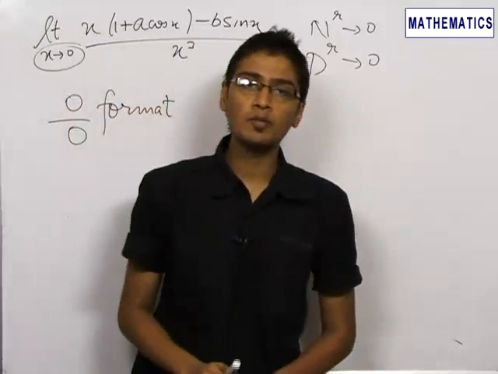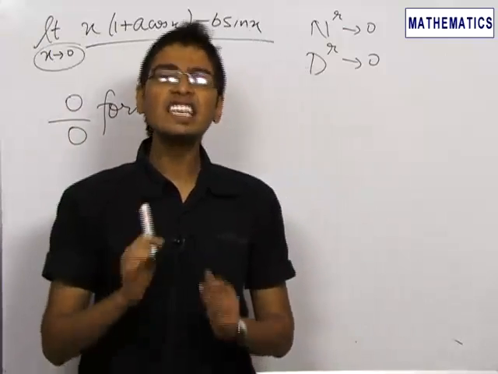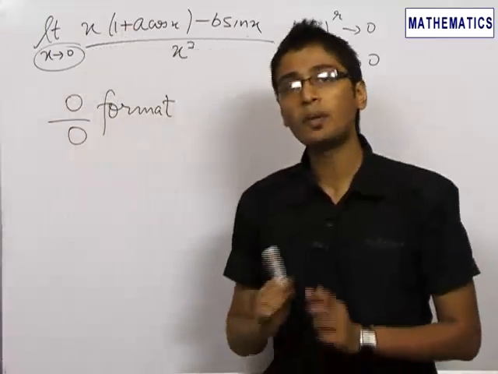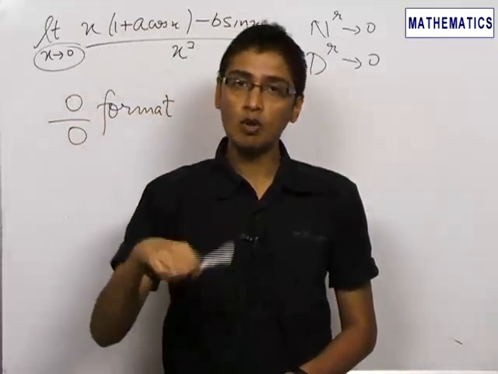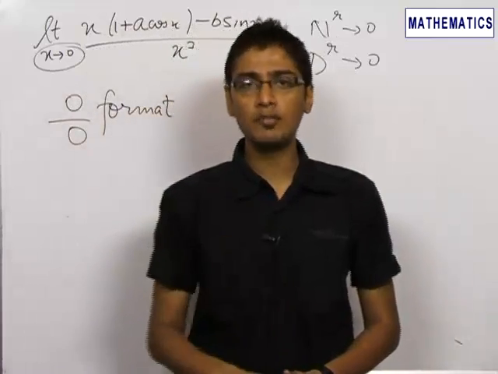For these type of problems, we have a very important and a very easy approach, which is called L'Hopital's rule. This L'Hopital's rule is used for questions involving 0 by 0 format or infinity upon infinity format.